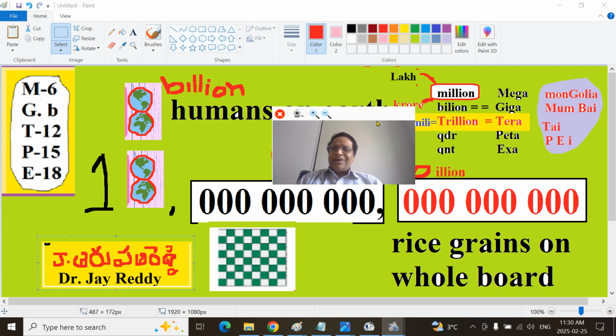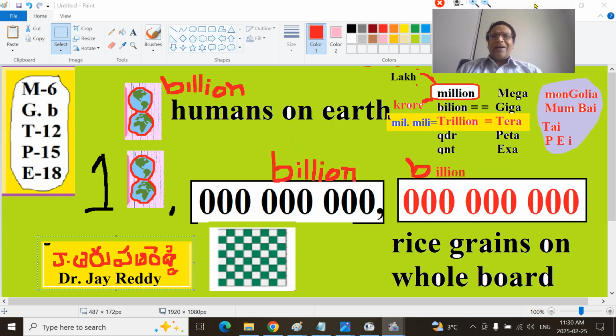Here I have made things simple. There are 8 billion humans on planet Earth. How many grains will you have when you reach the 64th square, and on the entire board, how many rice grains? If the 8 billion humans are present today, 8.2 or so, round it up to 8, you put 1 before it, so that is 18.